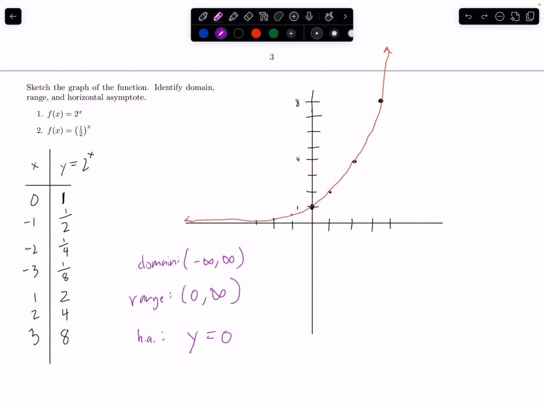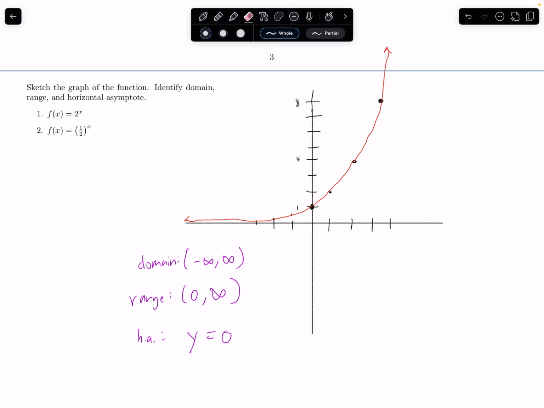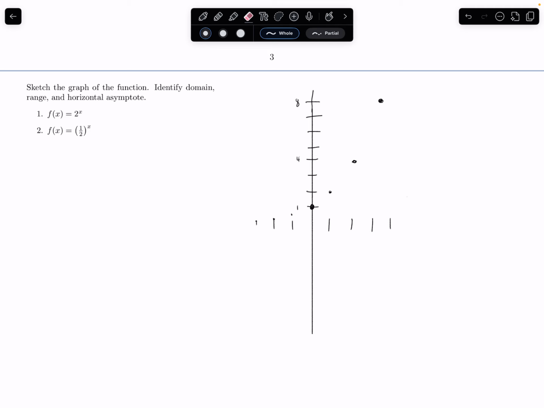Okay. So that's done. Let's try number 2 now. And we're going to approach it the same way. Start by making a table. Even though we kind of know the shape already, but especially for this first one, let's do the table.